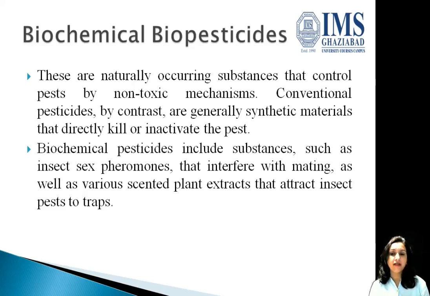If neem extracts are used and applied on the skin of the human being, the mosquitoes are repelled. So certain extracts are used in plants also. The foul smell affects the insects and they are not able to attack the particular plant, or they are trapped in that particular smell.